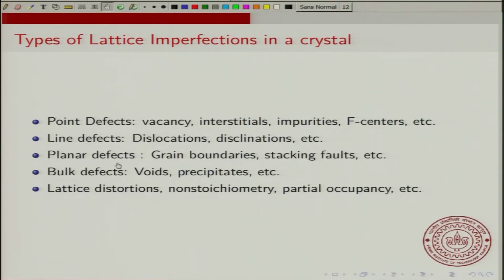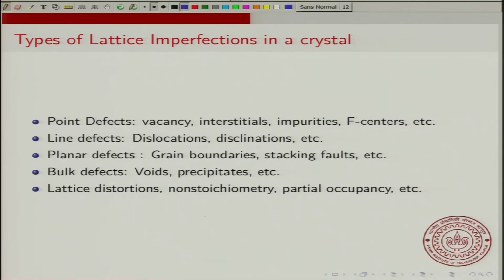There are also what you can classify as planar defects. These are things like grain boundaries or stacking faults. And then there can be bulk defects. What I mean by a void here is that a whole bunch of atoms are missing. You can have voids, you can have cracks in the crystal. You could have a collection of atoms forming a little precipitate within the larger crystal.